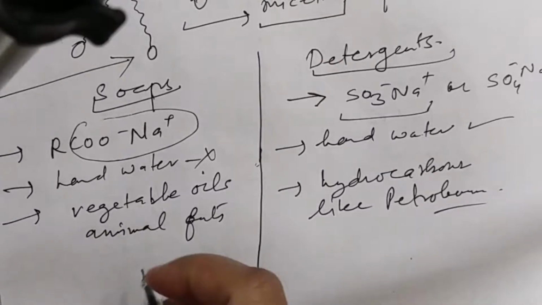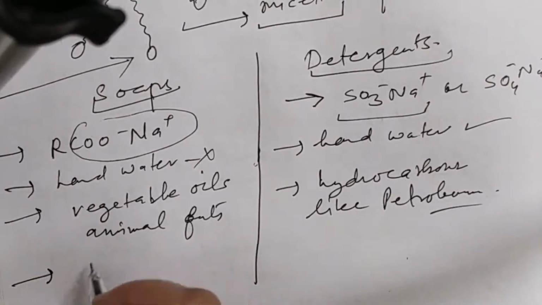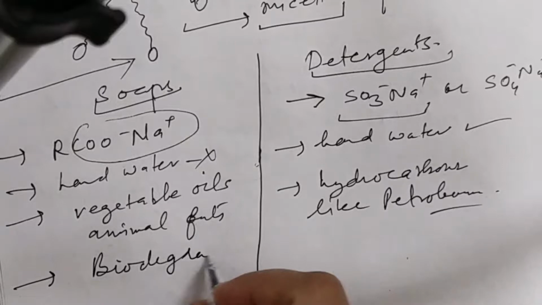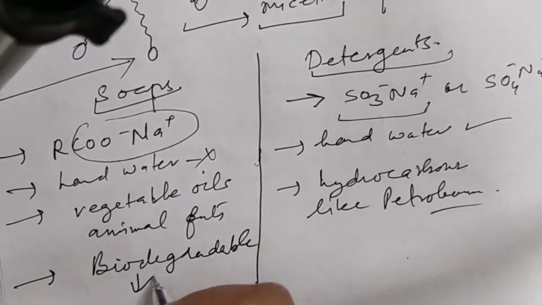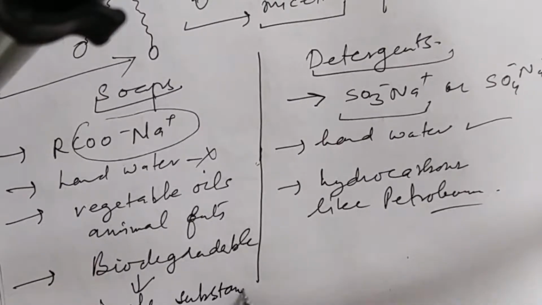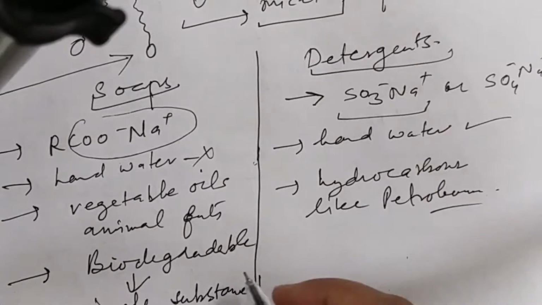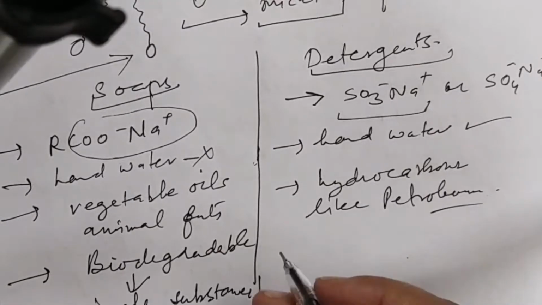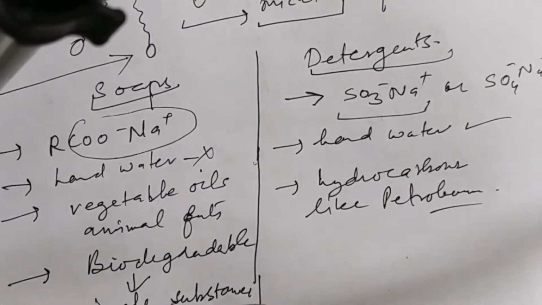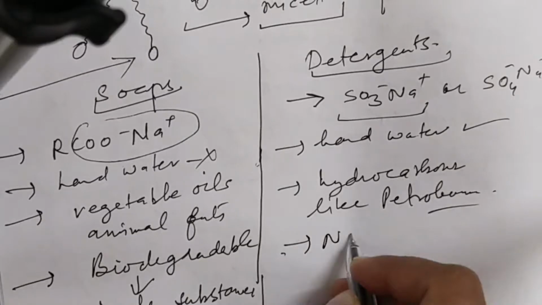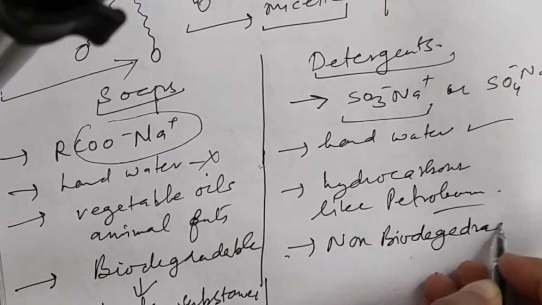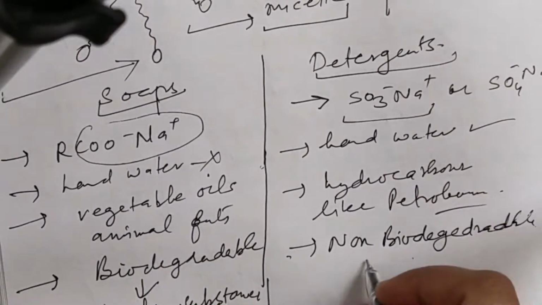The next one is that soaps are biodegradable in nature. What is the meaning of biodegradable? It can be converted into simple substances very easily with the help of enzymes, and can be mixed easily into our soil, water and air. But detergents are non biodegradable, which means they cannot be converted into simple substances.